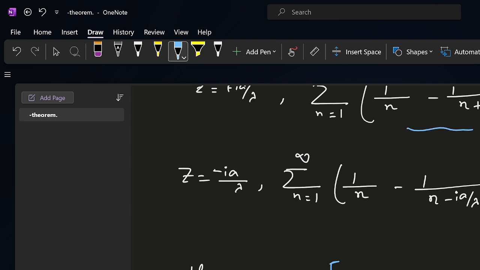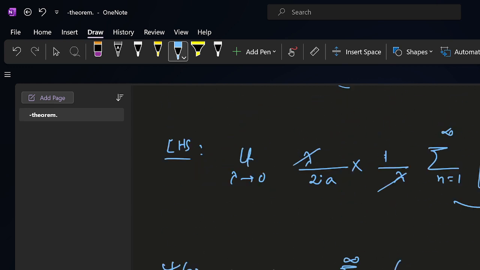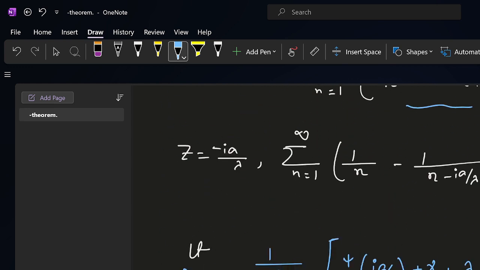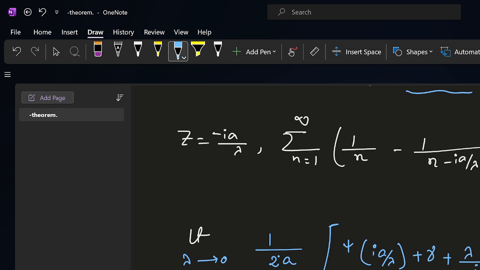So you replace it like psi of ia by lambda plus gamma plus lambda by ia, and the second part had a minus sign in front, so this part will come with a minus sign of minus psi of ia by lambda minus gamma, and this minus minus plus lambda by ia.